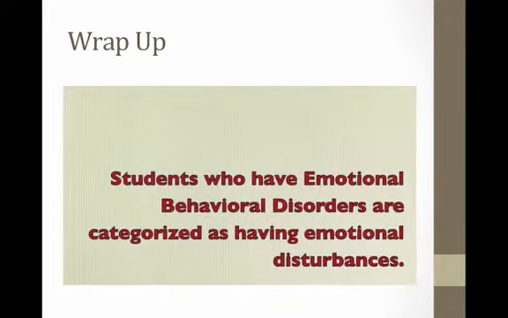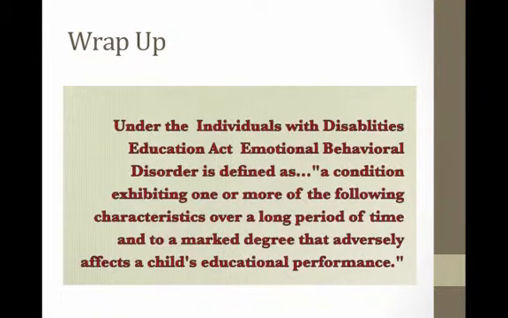Students with emotional behavior disorders are categorized as having emotional disturbances. Under the Individuals with Disabilities Education Act, emotional behavior disorders are defined as a condition exhibiting one or more of the following characteristics over a long period of time and to a marked degree that adversely affects a child's educational performance.